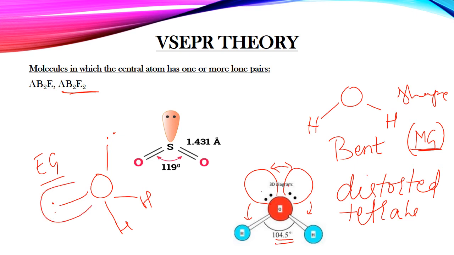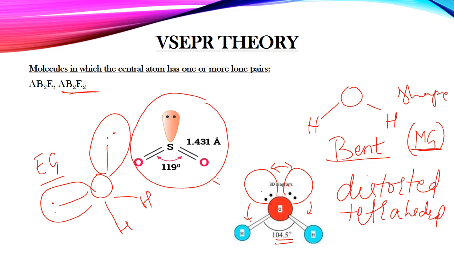The two lone pairs want to be at maximum distance away from each other, because of which the exact tetrahedral geometry is not achieved. It becomes distorted tetrahedral. So when we are not considering the lone pairs here, both the molecules have same shape, that is bent. When we consider the lone pairs, sulfur dioxide has trigonal planar shape and water molecule has distorted tetrahedral geometry.